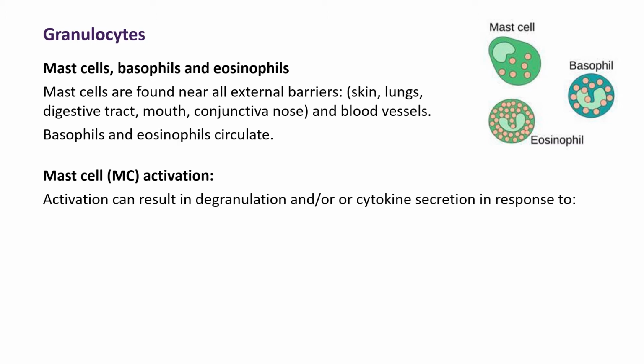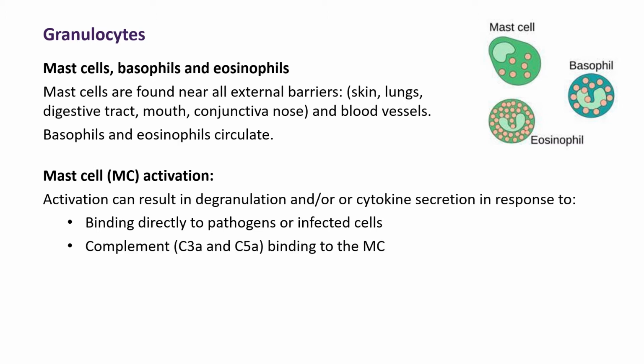So we've got degranulation of these preformed chemicals, but we've also got the synthesis and the secretion of our chemicals that are formed at the time. So they can be activated by binding directly to pathogens or to infected cells. They can also be activated by complement.